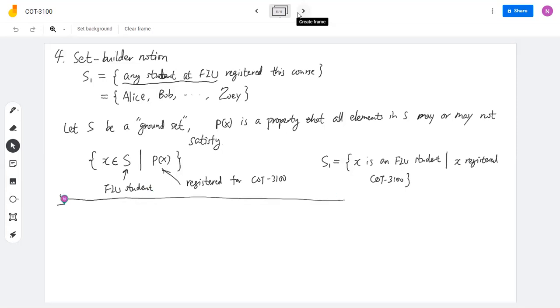First, the first example is: what is Z plus? Z plus we can now define as the set {n in Z | n is at least 0}.